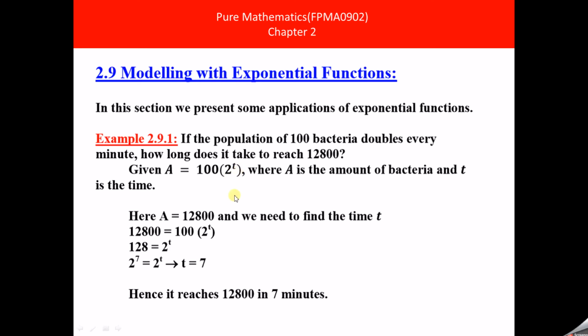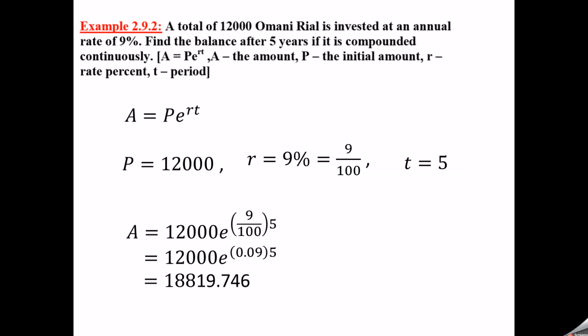If it triples each minute, meaning multiply by 3 each time, then the equation would be A equal to 100 times 3 power t. Based on the question, we form the equation and solve for t. So this is all about using an exponential equation to solve a real world problem. Let us go to the next one.